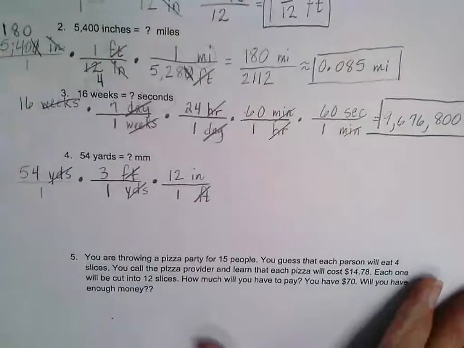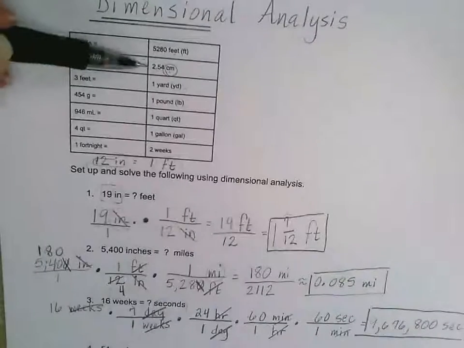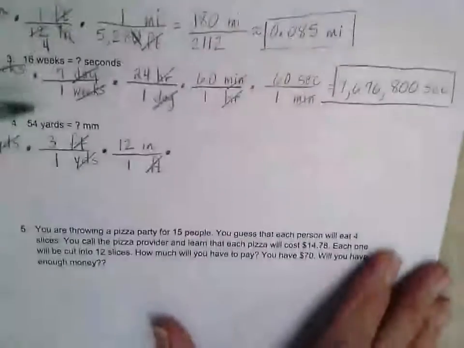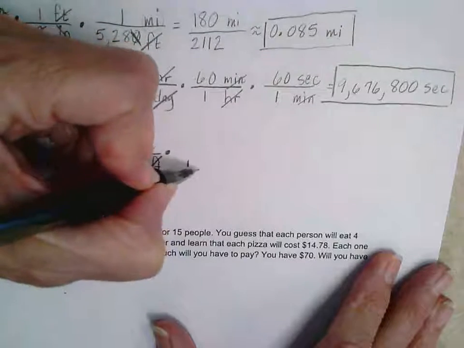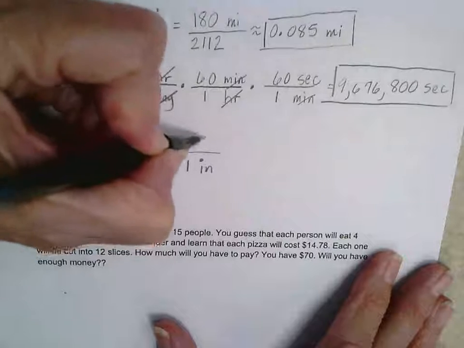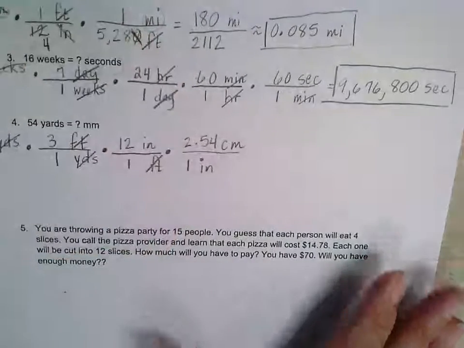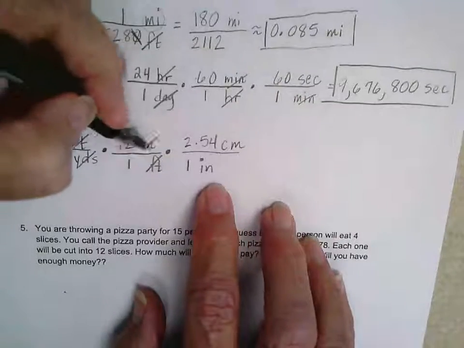So I'm getting closer. Now I can use my inches and my centimeters, and I can put 1 inch down below and 2.54 centimeters up above, and then I can cross cancel my inches.